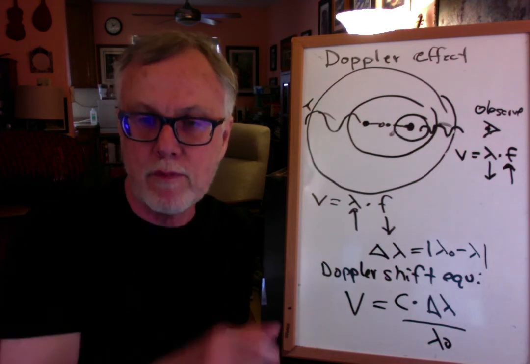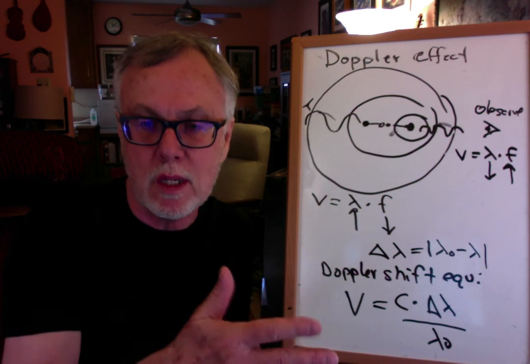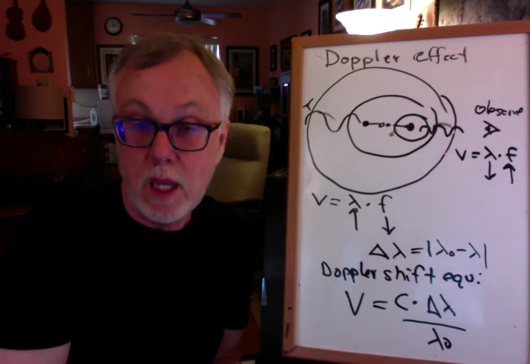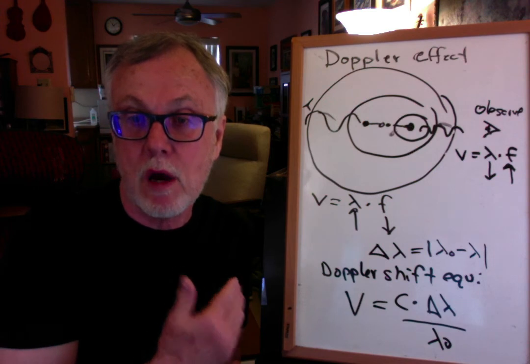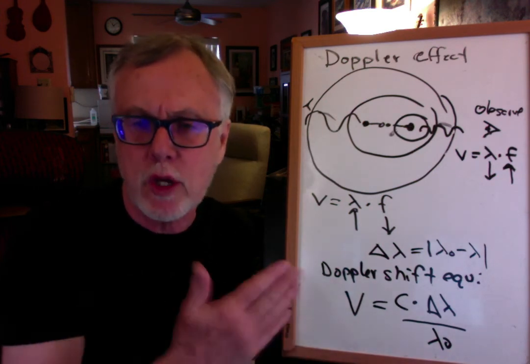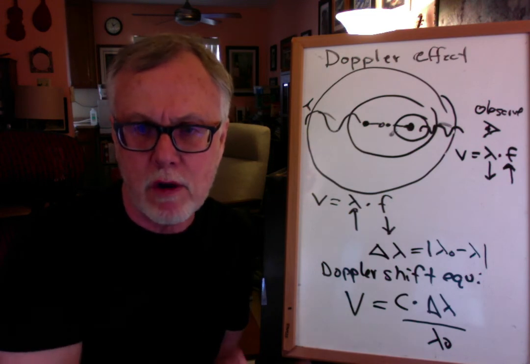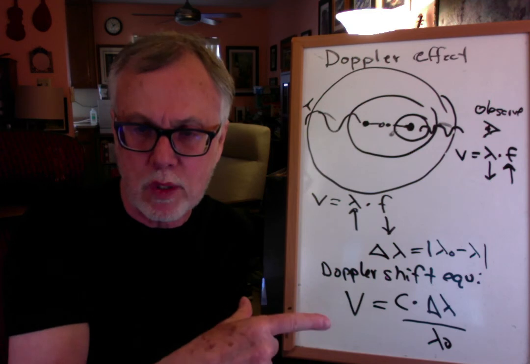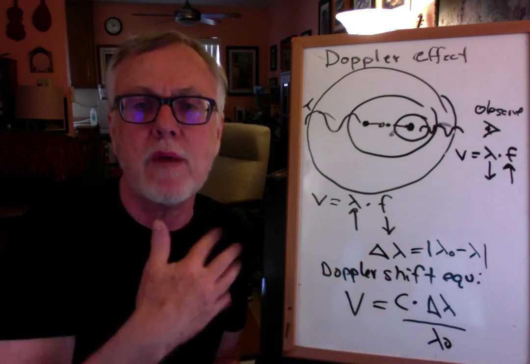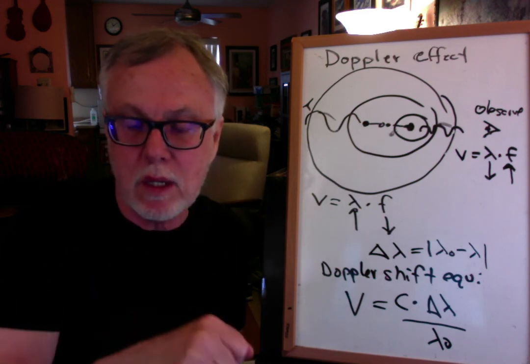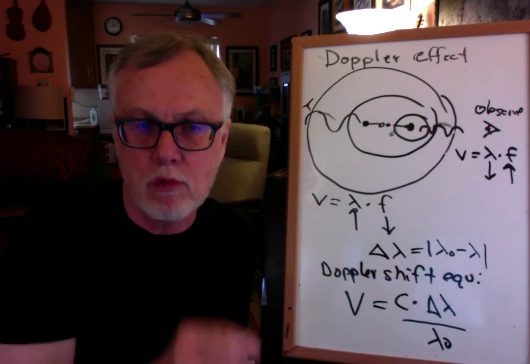If it's a blue shift, it means it's been shifted to a higher frequency or smaller wavelength. If the star is moving away from us, I could ask, what type of shift would that be? A red shift. And what does that mean as far as wavelength? It means the wavelength is larger, which means for frequency, it's smaller. Get that stuff in your head, take it step by step, and actually write it out in your notes so you've got it all related there.